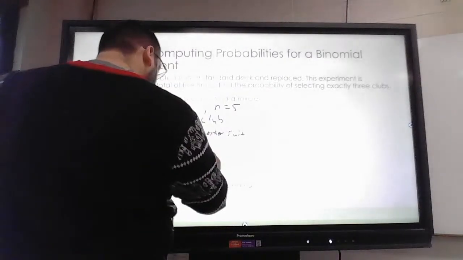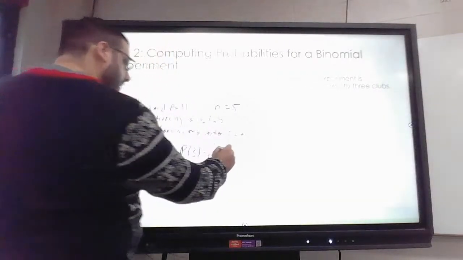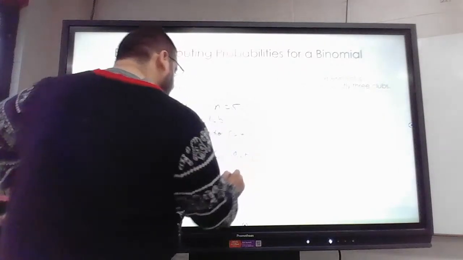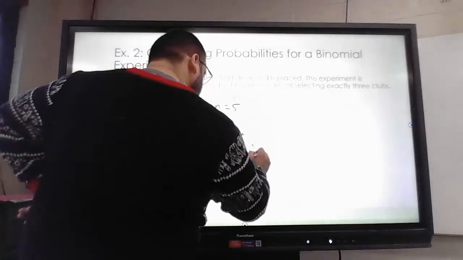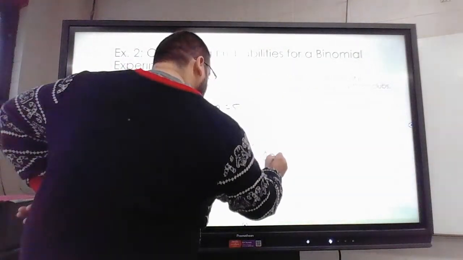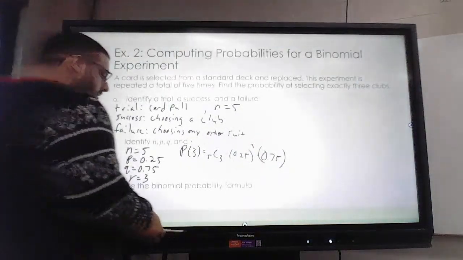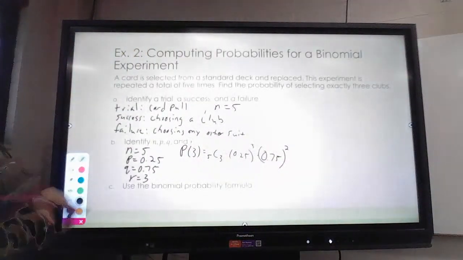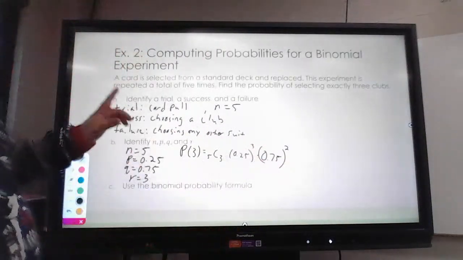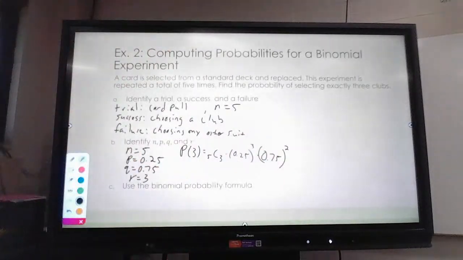So N is 5, 5C3, times my P, 0.25 to the R, 3, times 0.75 to the N minus R. So N minus R, N minus 3 would be 2. So this should be P, this should be Q. The exponents should always add up to your N. So let's go ahead and calculate that.